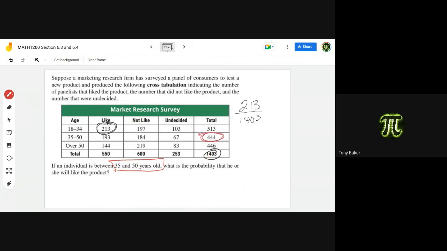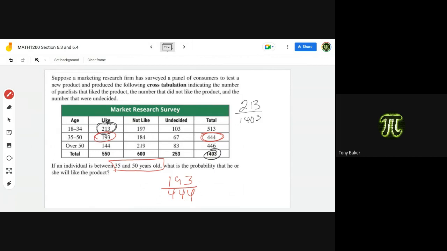I'm only looking at the 35 to 50-year-olds, because we're given that as a fact. I know they're 35 to 50 already. The probability that they will like the product is now out of 193, so this one is going to be 193 over 444.